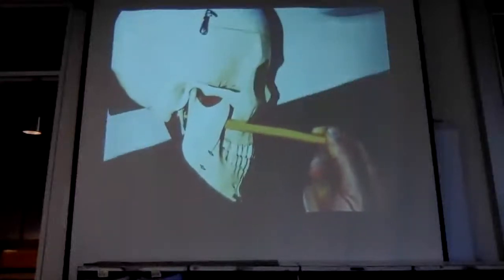So, temporalis, masseter. The one that's more superior is medial pterygoid, or inferior is lateral. Wait, did I mess it up? Yeah, I messed it up. I'm so sorry. Go by where it's attached.